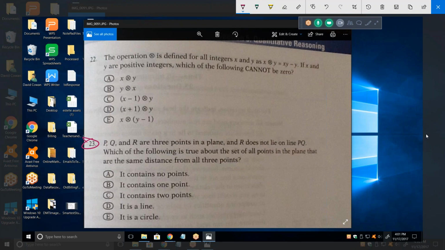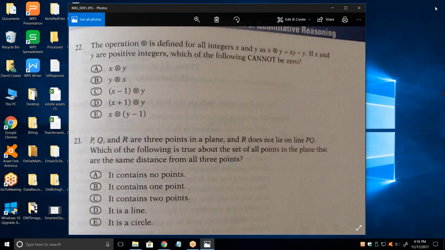So we have 3 points in a plane, and R is not collinear with P and Q. Is it possible for you to make the screen a little bigger? Not because I can't read it, but because it's a little distracting. Okay, just your desktop. Oh, okay.